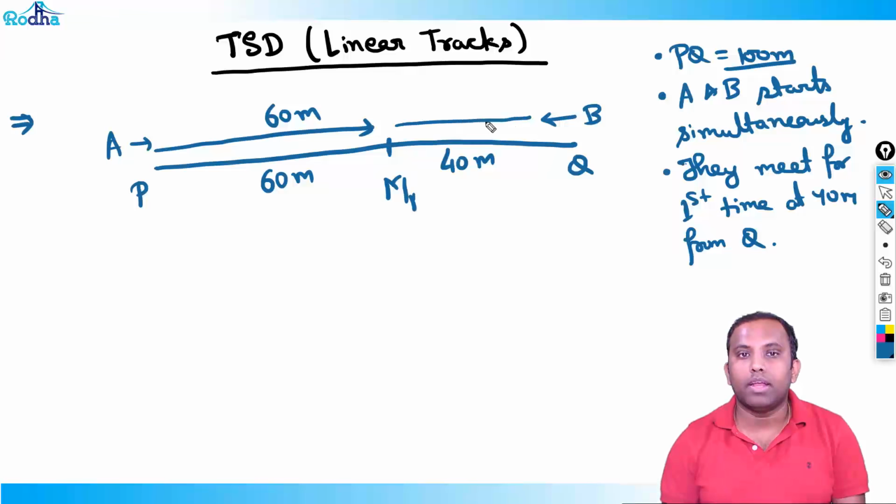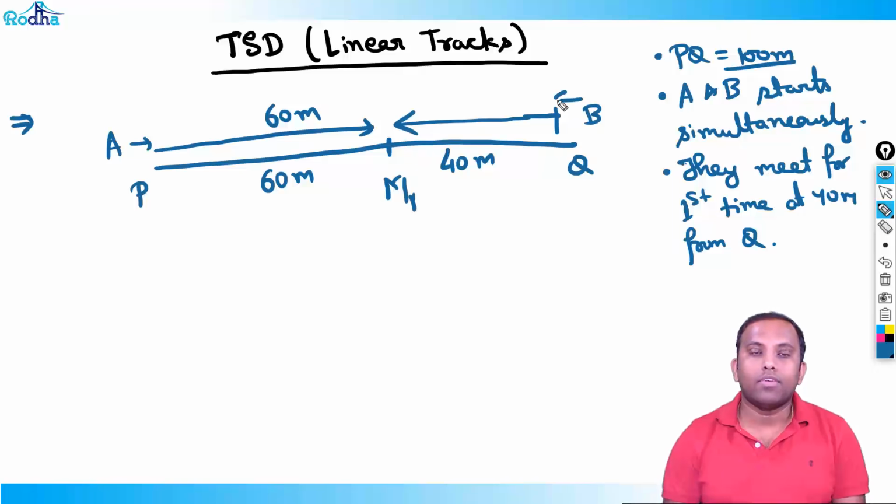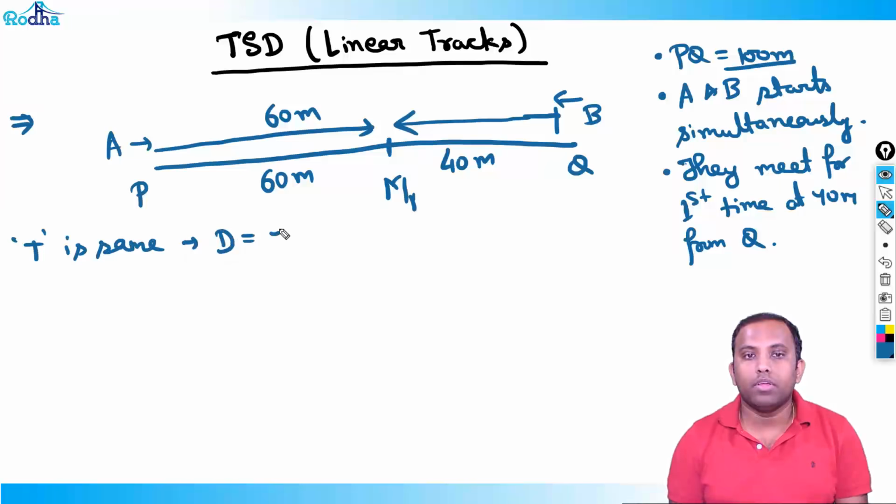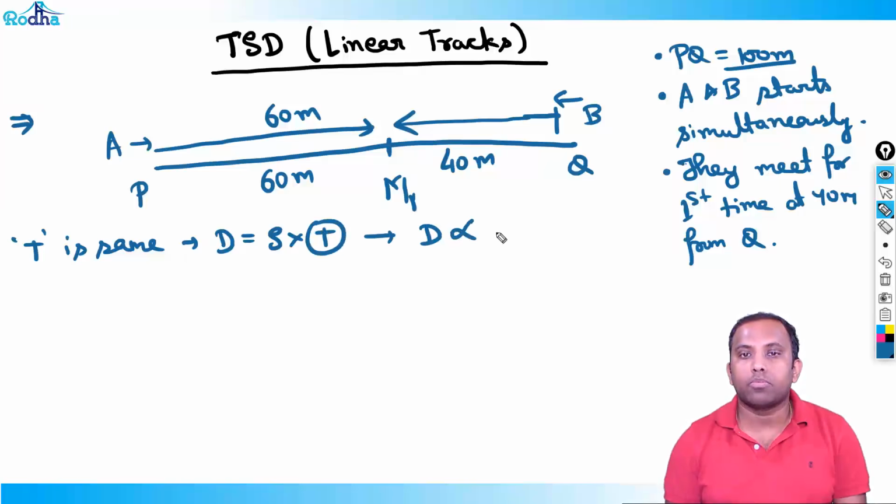Since time is the same, and we know distance is equal to speed into time, time is constant, so distance is directly proportional to speed. That means the ratio of distance is equal to the ratio of speed.